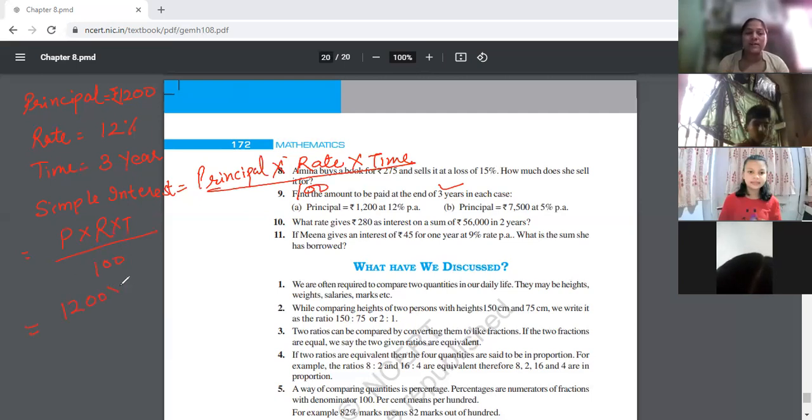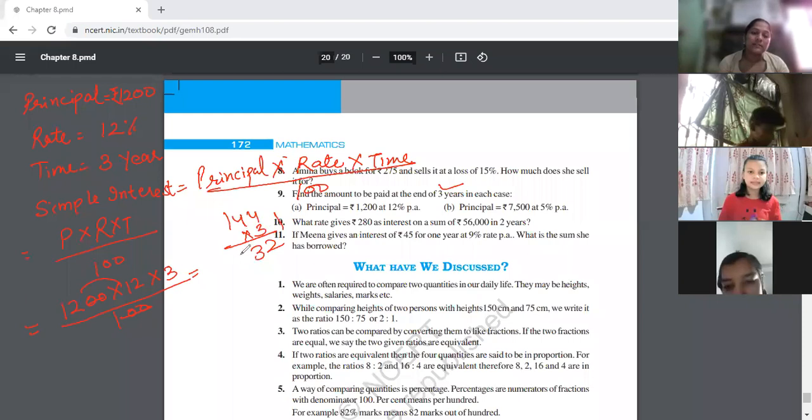What is the principal? Rupees 1200. What is the rate? 12. What is the time? 3 upon 100. 100 will cancel 100. 12 twelves are 144, multiplied by 3. 3 fours are 12, 3 fours are 12 and 1, 3 ones are 3 and 1, 4. 432. This is the interest.